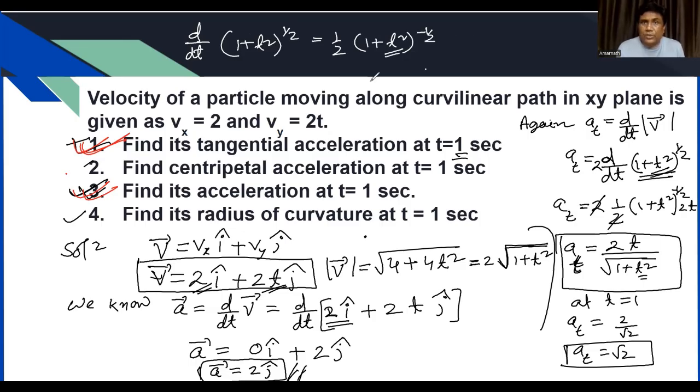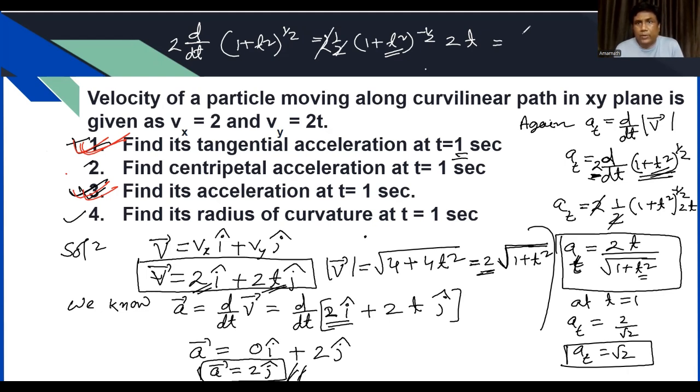That is 2 into t. But here one additional 2 was there, in the question, in the speed. So you have to multiply by 2 also, and that 2 will get cancelled.